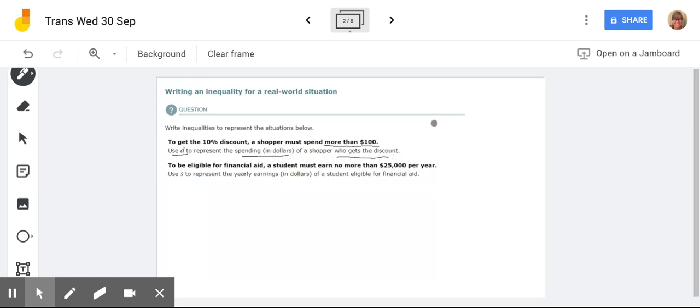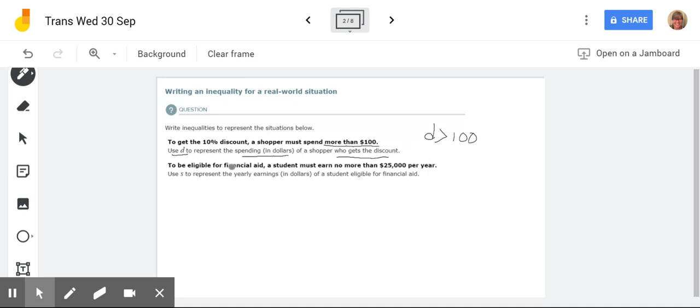So D, the person who gets the discount, is the one who spends more than, remember the mouth's eating the bigger thing, $100. Now be careful. It's not more than or equal to. That's when we use words like at least or at most, but more than 100 means you can't spend 100, you have to spend 101.